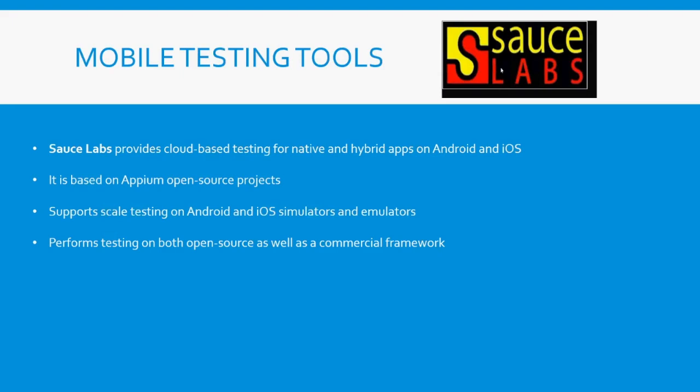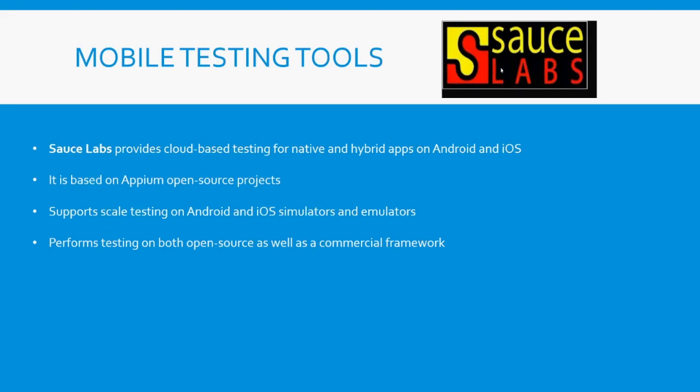Another one that is also very popular is Sauce Labs. This one is a cloud-based testing tool for both native and hybrid applications on Android and iOS. It relies on the Appium open source project, and it supports scale testing on Android, iOS, and emulators and all that.